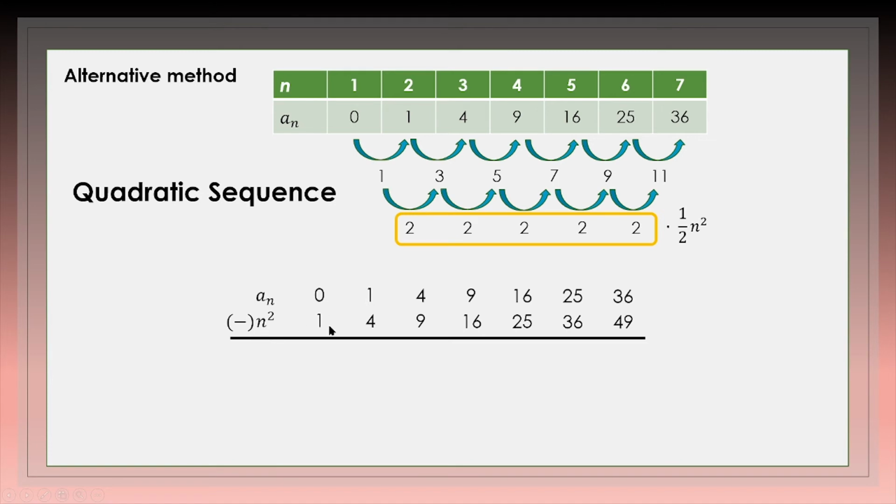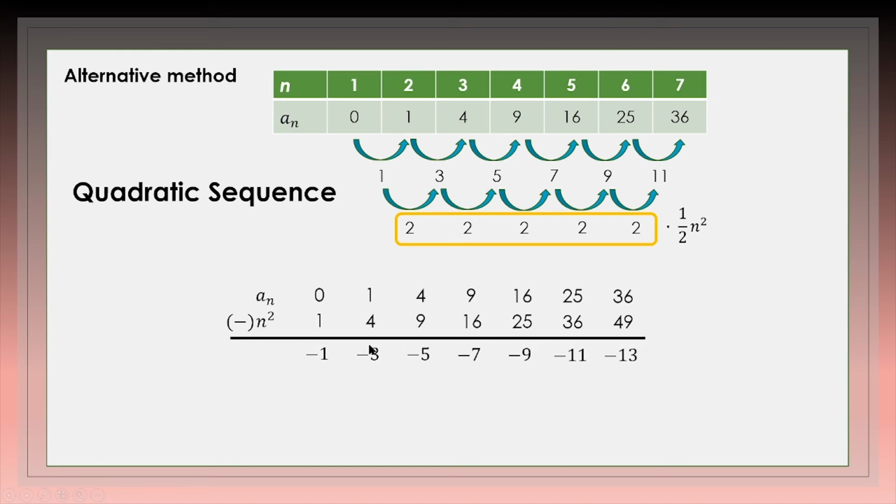So 0 minus 1 is negative 1. 1 minus 4 is negative 3. 4 minus 9 is negative 5. 9 minus 16 is negative 7. 16 minus 25 is negative 9. 25 minus 36 is negative 11. 36 minus 49 is negative 13.